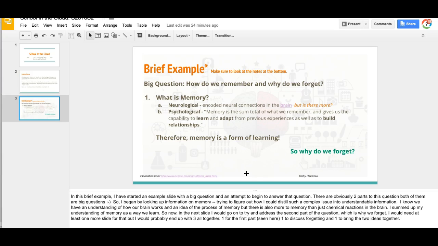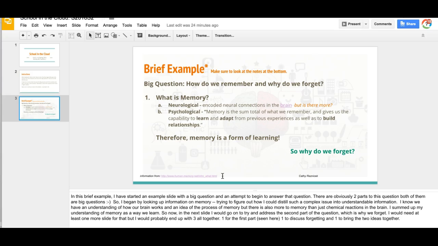So I know we have an understanding of how our brain works and the ideas of the process of memory. I am familiar that we kind of get the neurological stuff. So I know that there's a couple components to memory, and then I went and did some searching on the internet, and I found a good website, and I noted it here because you want to reference your resources.